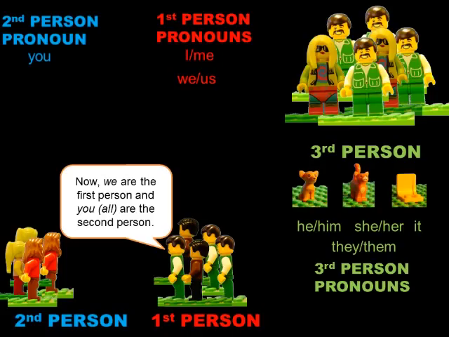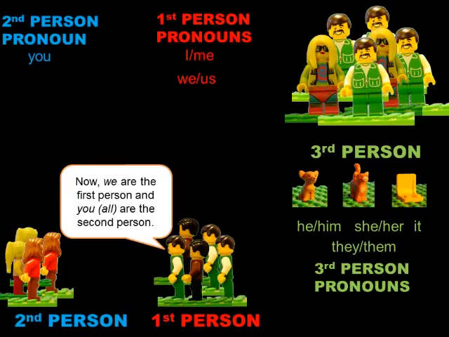Although the first person and second person have switched over, notice that the people who are speaking are still the first person, although now this is the men. And the people who are being spoken to are still the second person, although this is now the women. The people in the corner are still the third person.